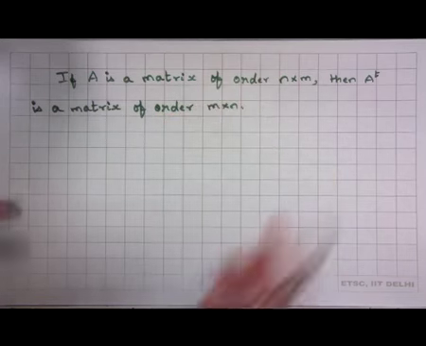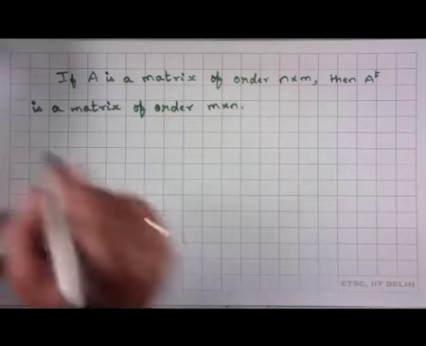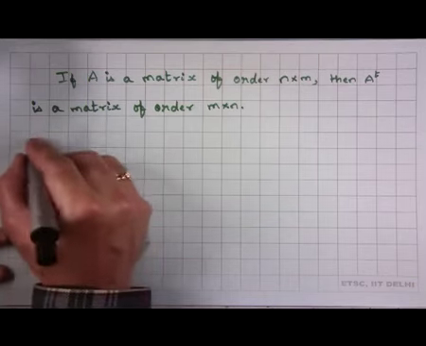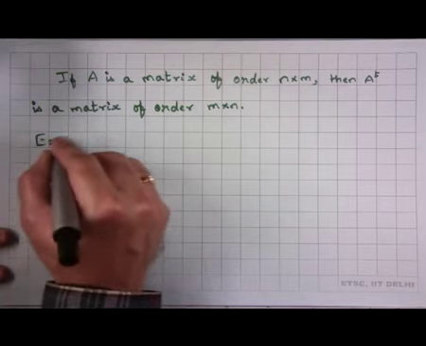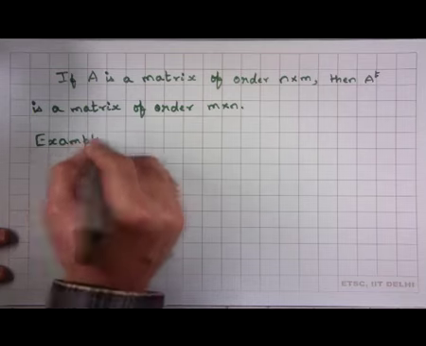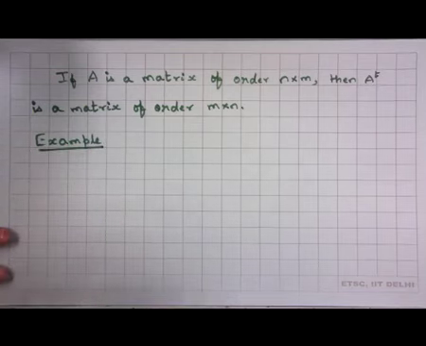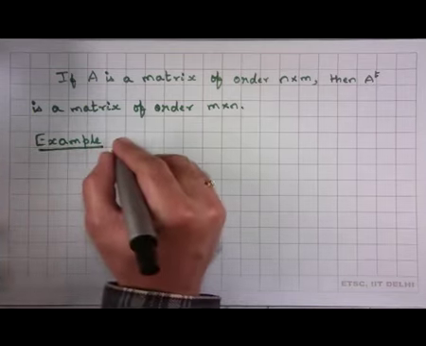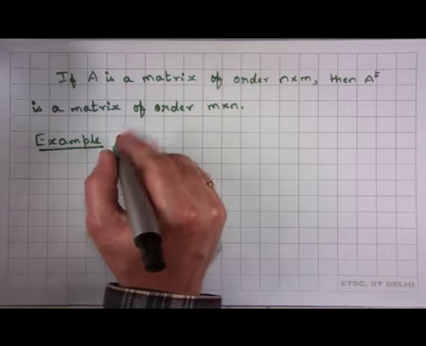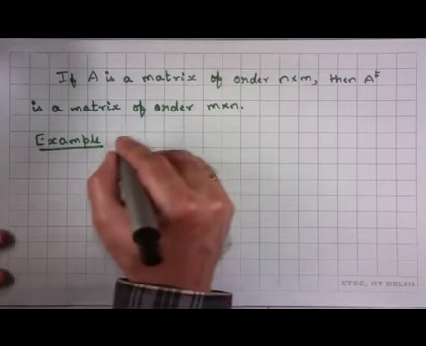You will have the other way, m by n. Well, let us try to do an example. Let us try to calculate the transpose for some matrices.